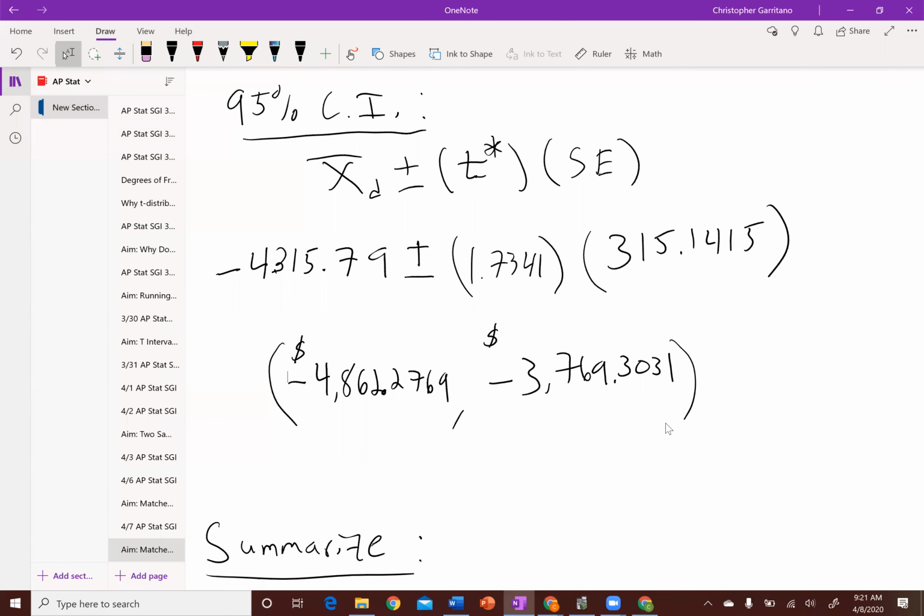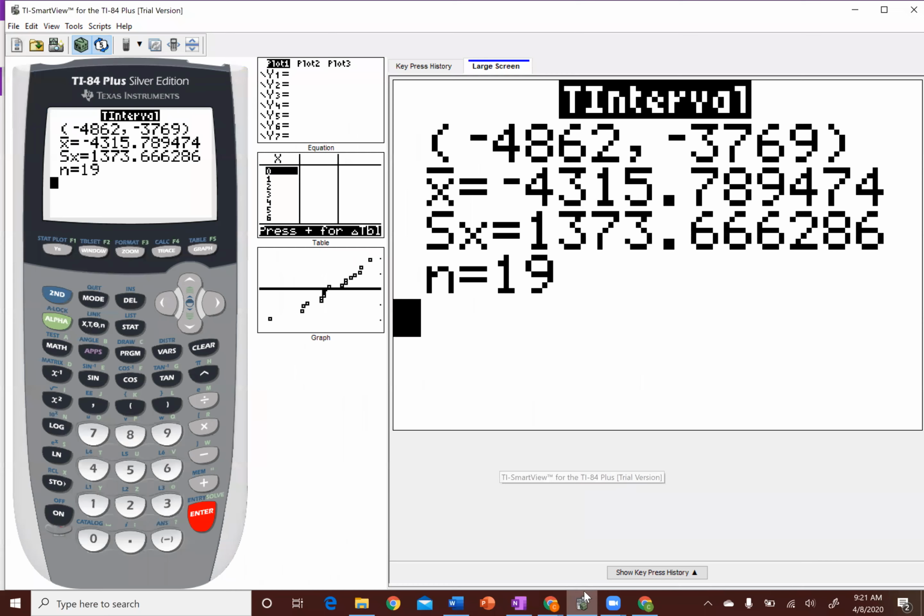All right, welcome back. And after calculating the confidence interval, we get negative $4,862 to negative $3,769. Okay.